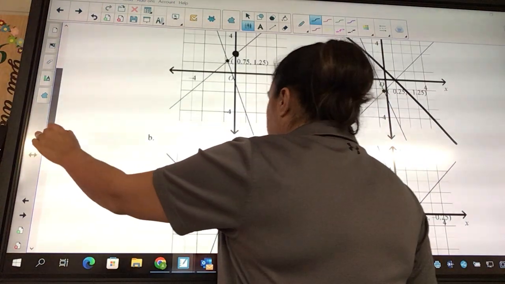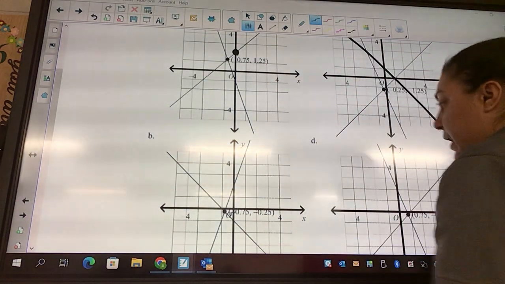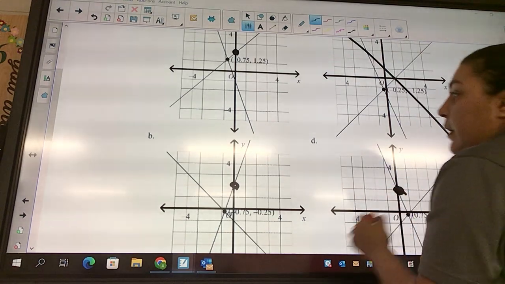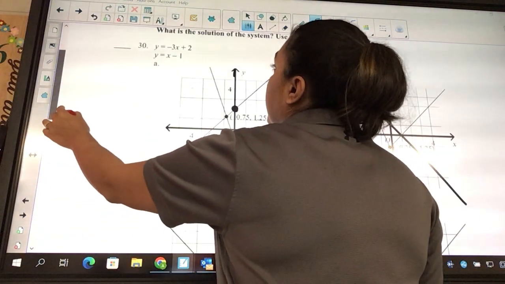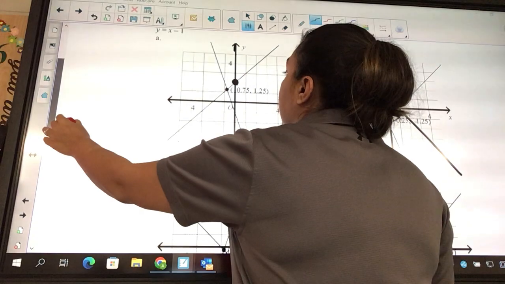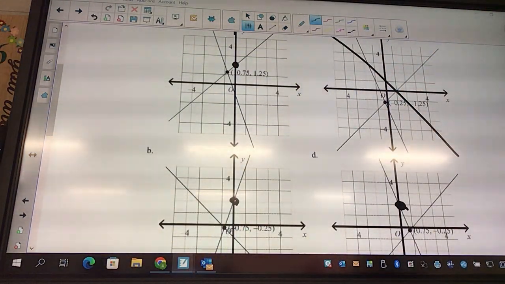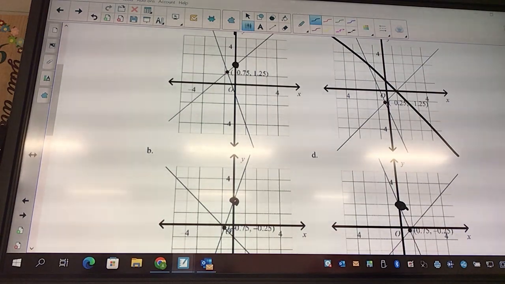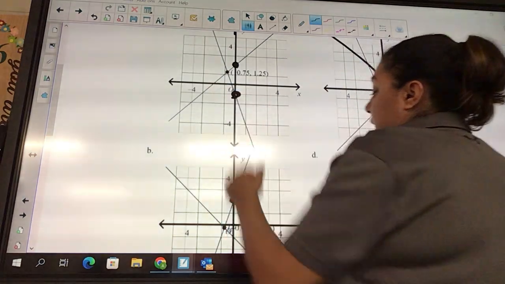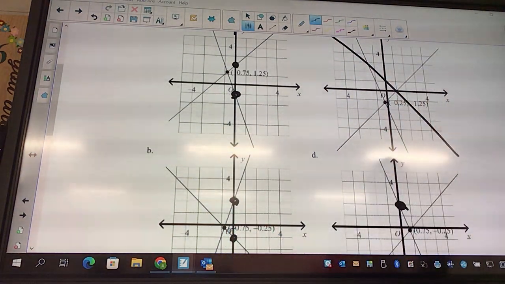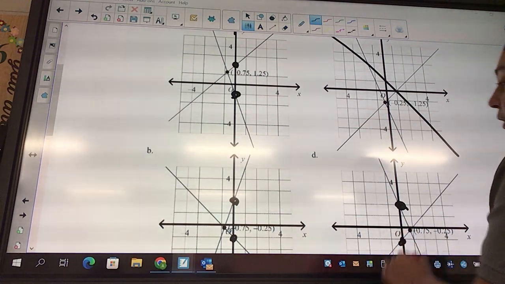Does B start at 2? Yes. And D? Yes. Then we check the other line, which should start at -1. Does A start at -1? Yes. B? Yes. And D? Yes. So we didn't get rid of anything.